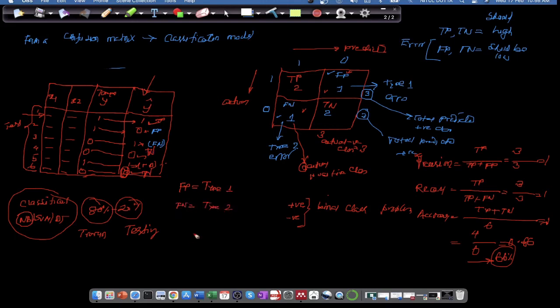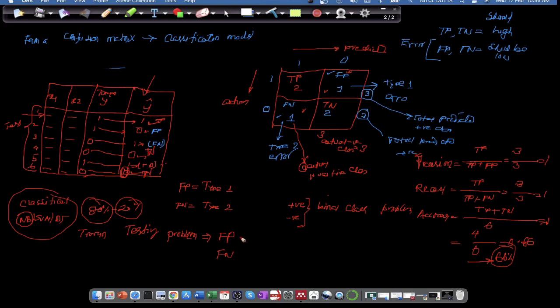Type 2 error, right? And sometimes, based on the problem, what is important, we should emphasize either on false positive or on false negative.